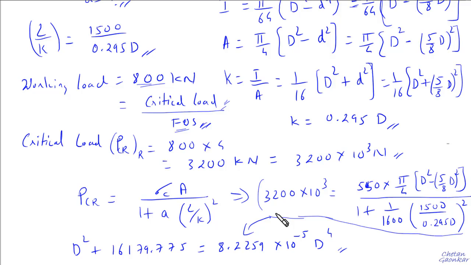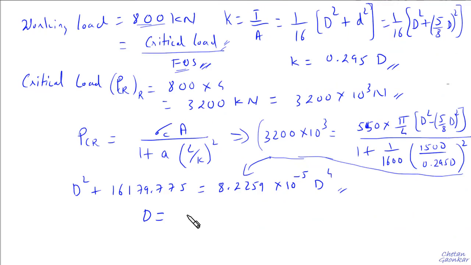Now from here we will get this capital D, and it will be around 146.16 mm. You may try to solve this. In fact, I think you will get two values of D. The negative value of D you can neglect and only concentrate on the positive value of D, because diameters cannot be negative. So, considering only the positive value, we get this capital D. So therefore what will be small d?